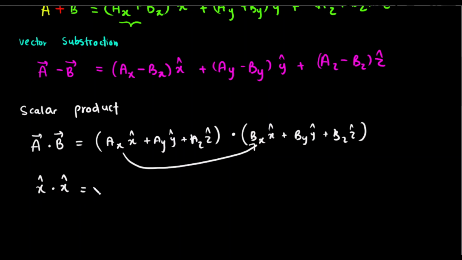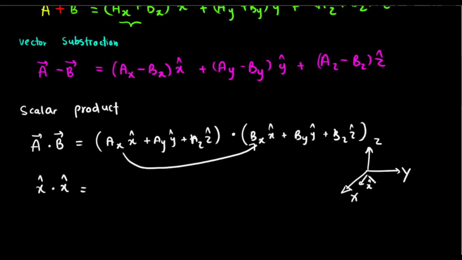I'm going to show you. In this Cartesian coordinate system, this is the z direction, this is the y direction, and this is the x direction. We have the x hat direction along the x direction.